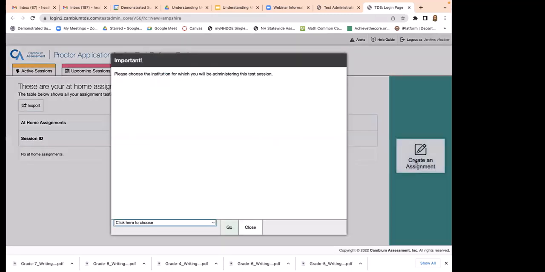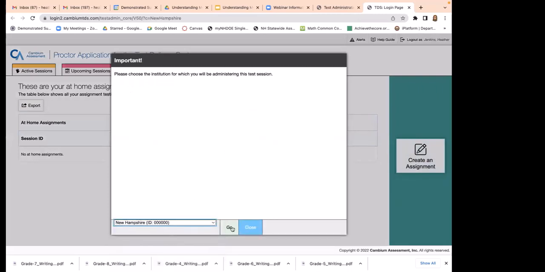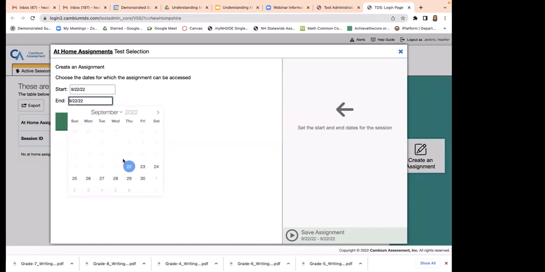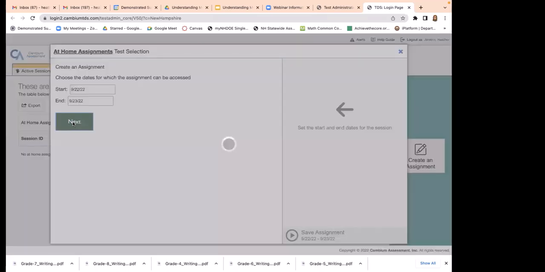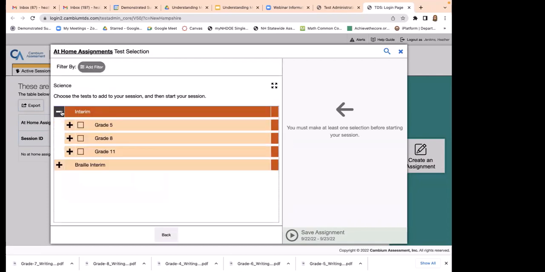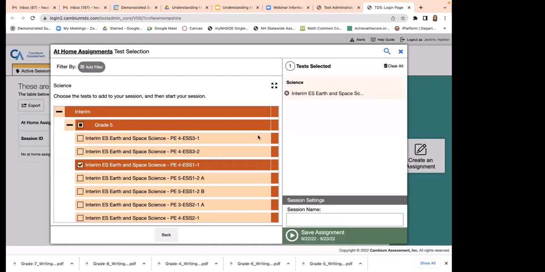So this again can be up to a 2-week time frame. So if I go in here and I say create an assignment, I've got a 2-week time frame. I'm just going to say I want it from today, and I'll open it for a day. I just want students in my class to be able to do this while I'm working with them. Maybe I'm working on science. Again, the science is called an interim, but maybe I'm a 4th grade teacher and I'm looking at earth space science here.